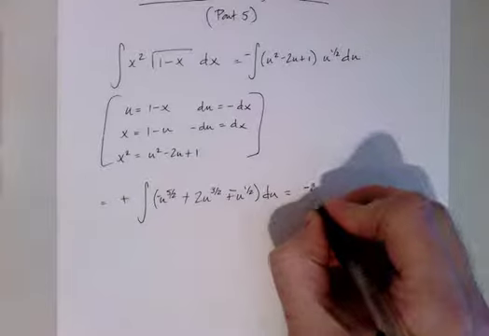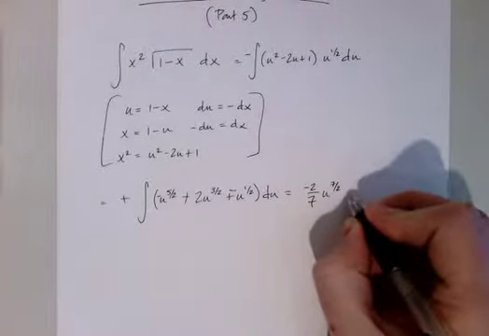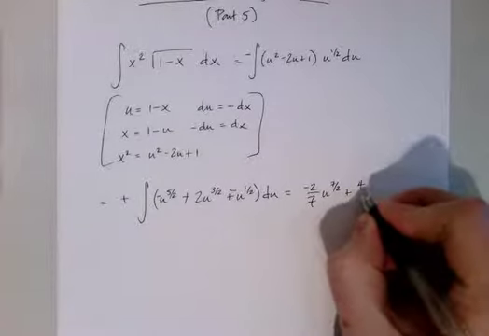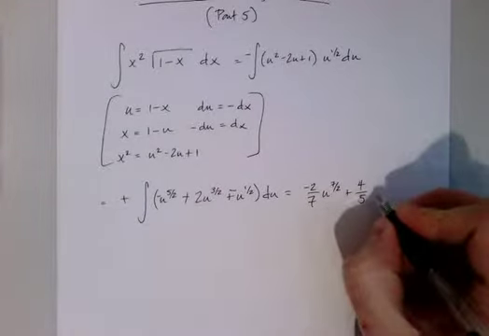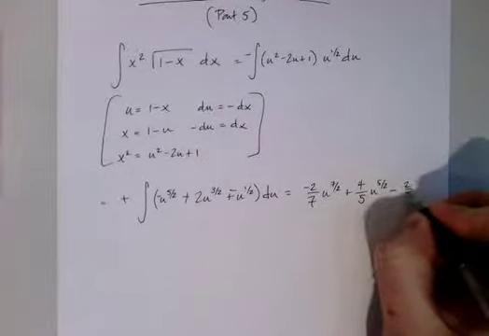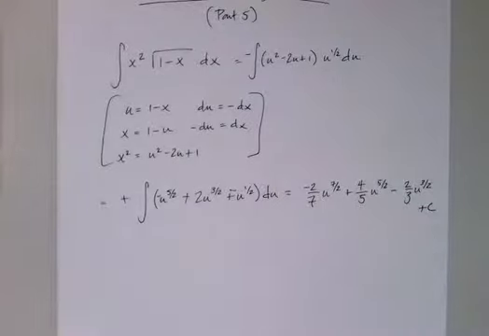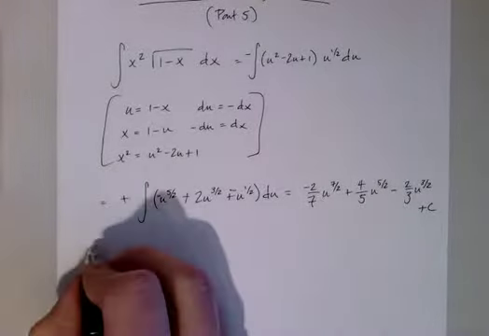I know that it's going to be negative 2/7 u to the 7/2 plus 4/5 u to the 5/2 minus 2/3 u to the 3/2, and that plus c isn't going to fit on there, but we'll drop it down right there.